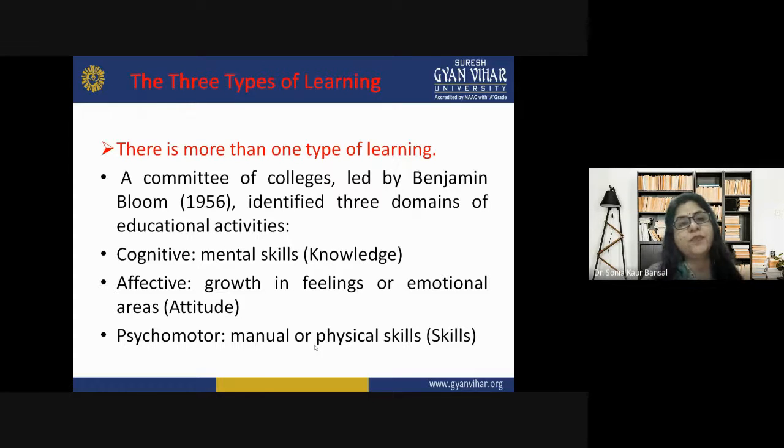Then the affective domain relates to growth in feeling and emotional areas, attitude. Then there comes the third domain, that is psychomotor, manual or physical skills. So that's how Benjamin S. Bloom and his collaborators worked on these three types of learning, or we can call them the three domains of taxonomy, which were cognitive, affective, and psychomotor.